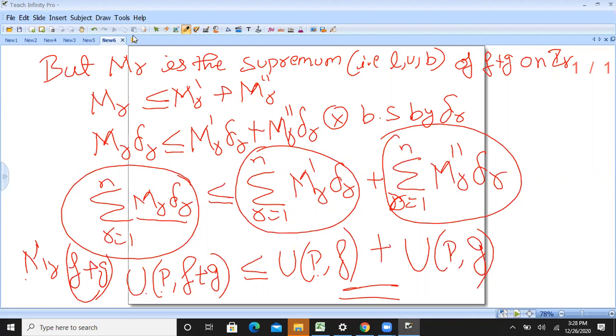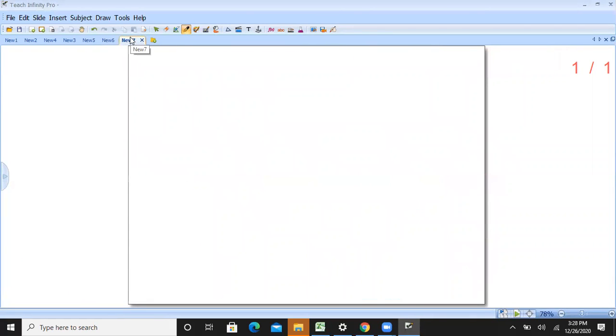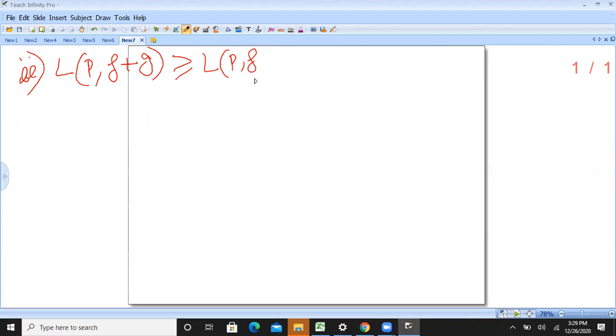I will explain here the second proof of this. In proof 2, lower limit of partition of f plus g is greater than or equal to lower limit of P comma f plus L of P comma g.